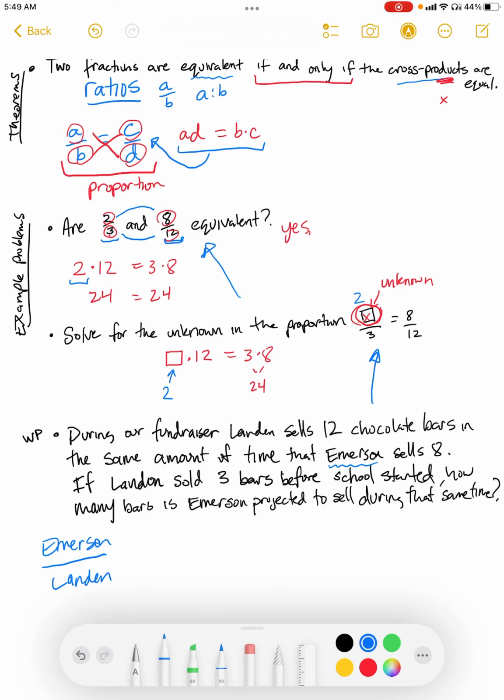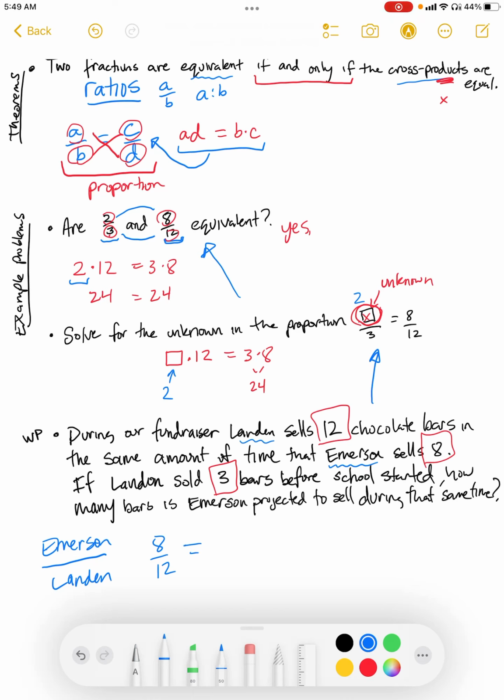So I do know that Emerson sold 8 in the amount of time that Landon sold 12. I'm sure you have learned some tricks about underlining or boxing in data. Keep using those tricks. This video is not about that right now.